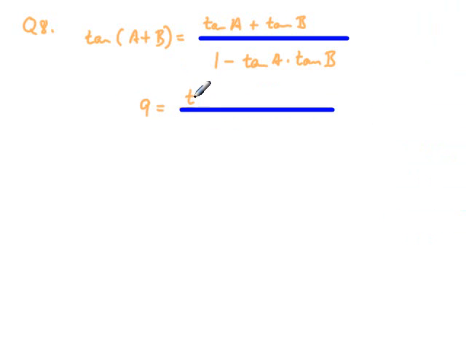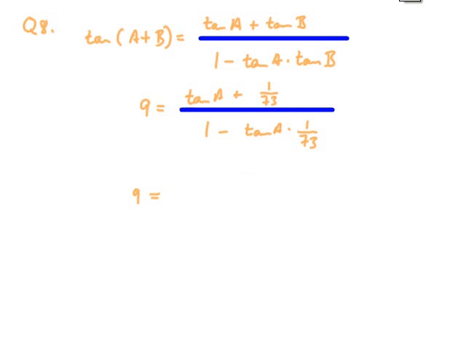I'm going to have a tangent a plus 1 over 73 minus 1 minus tangent a times 1 over 73. Okay, let's see, there are several ways of doing it. One would be algebraic, the other one would be just trying something for tangent a, see what works.